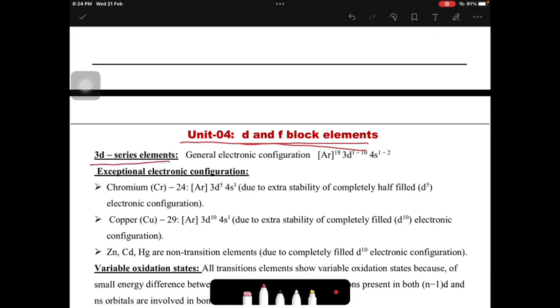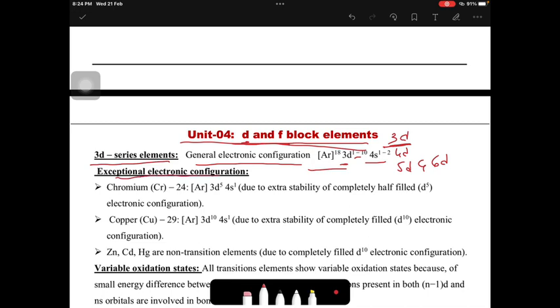d series. d block elements are classified into 4 series: 3d, 4d, 5d and 6d series. About the 3d series, general electronic configuration: argon 3d 1 to 10, 4s 1 to 2.